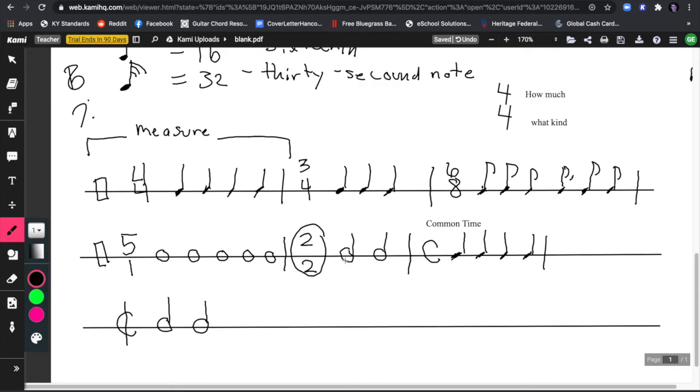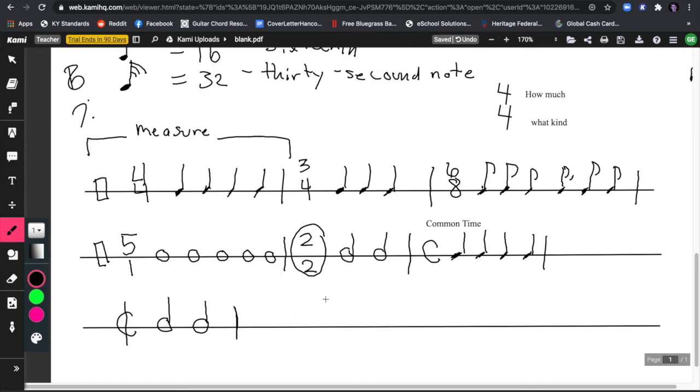So this one would be 1, 2, 1, 2, 1, 2, 1, 2. Or this one's 1, 2, 3, 4, 1, 2, 3, 4, 1, 2, 3, 4, 1, 2, 3, 4. But they'll look very, very similar in that sense.